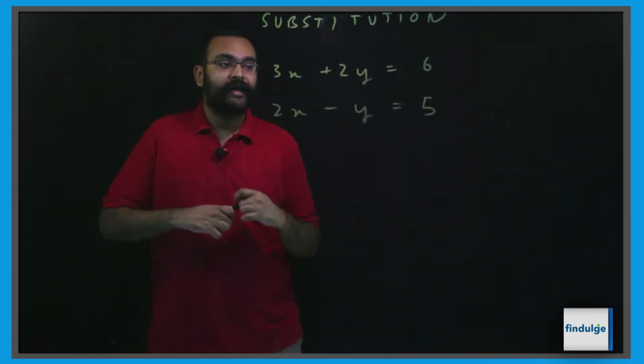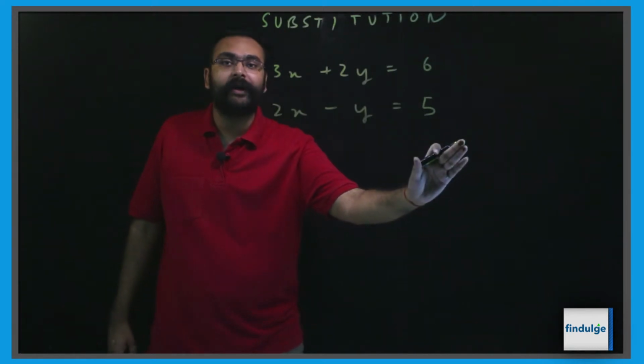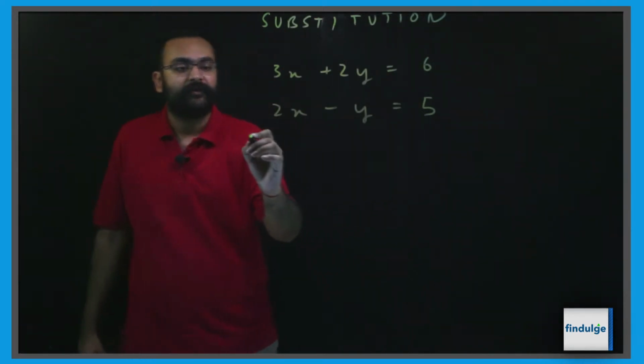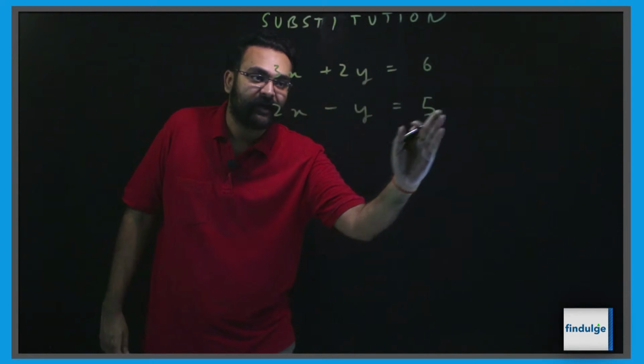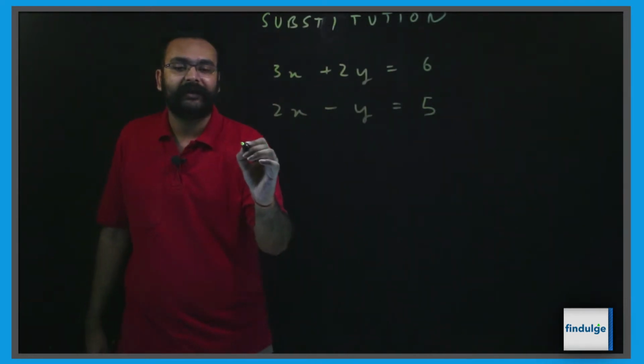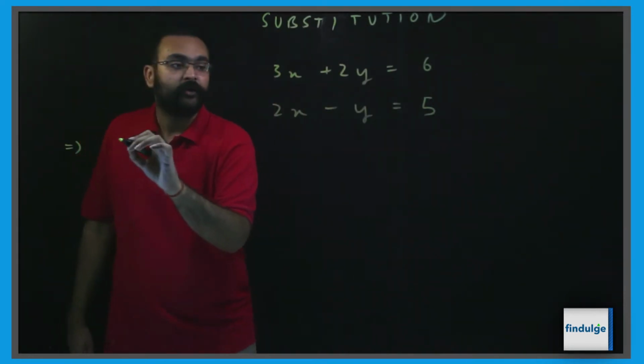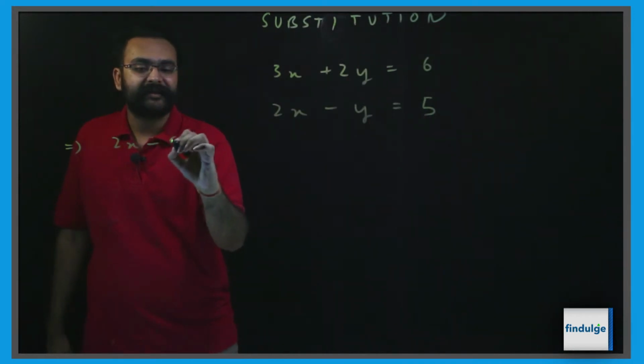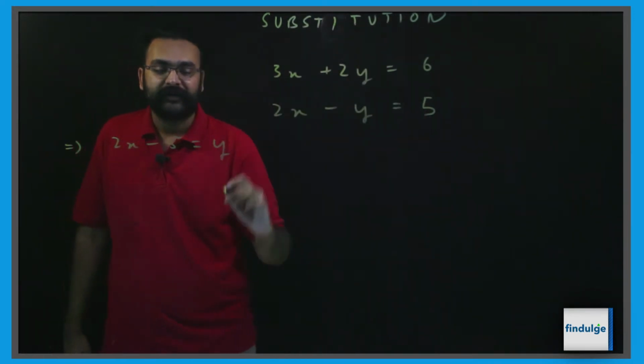In other words, by manipulating 2x minus y equal to 5, by taking y to this side and 5 to this side, we'll end up getting that 2x minus 5 is equal to y.